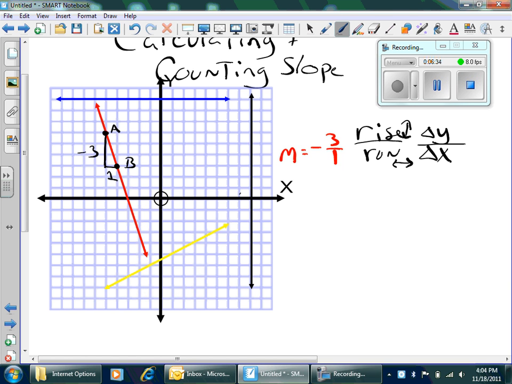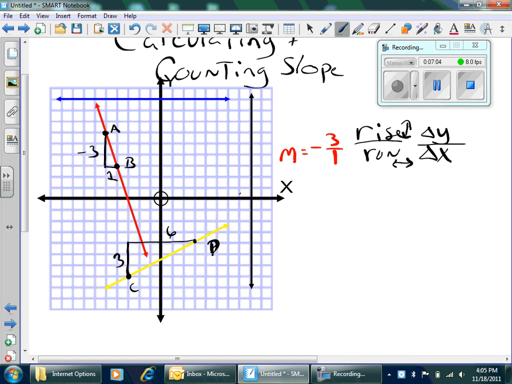Okay, let's jump over to the yellow line. The yellow line, I'll find 2 points that I know the coordinates of. It looks like that. I'll call that point C. And I'll go a little further this time. I'll go up here and call it point D. Oops, it looks like a P, doesn't it? All right, well, there's a D. I will rise 1, 2, 3, and I will run 1, 2, 3, 4, 5, 6.